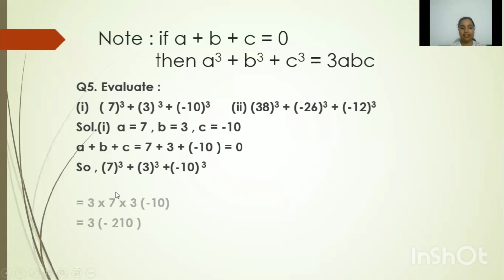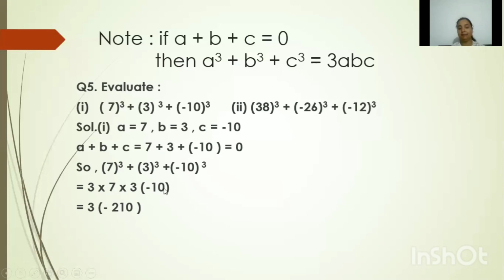In terms of A, I get 7, B we have 3, and C we have this. So instead of expanding them, I have written 3ABC here. 3 times A is 7, B is 3, and C is minus 10. Just multiply them and we are done, right?